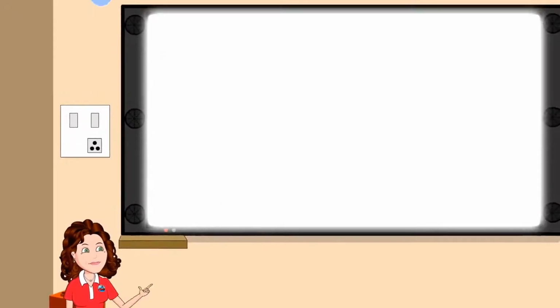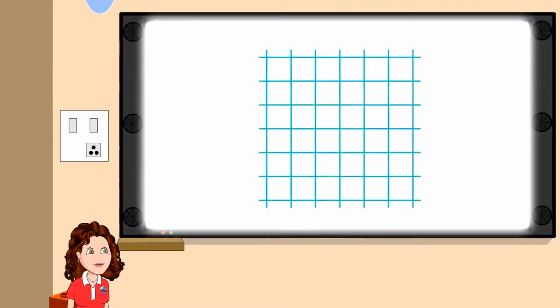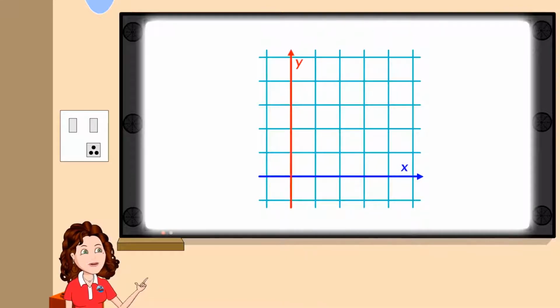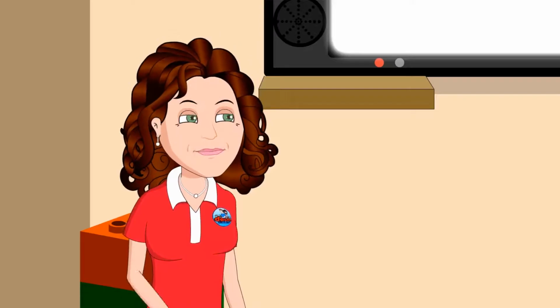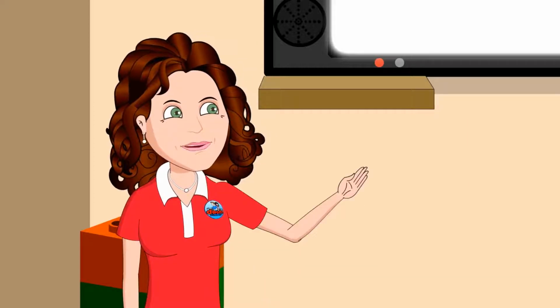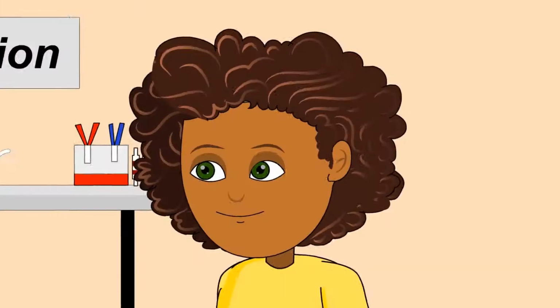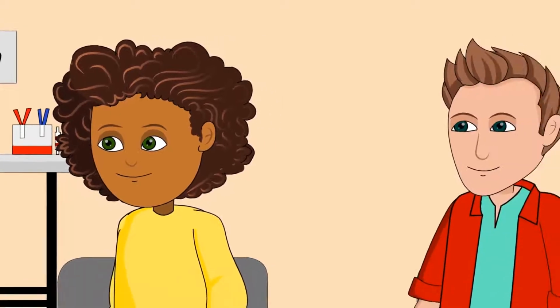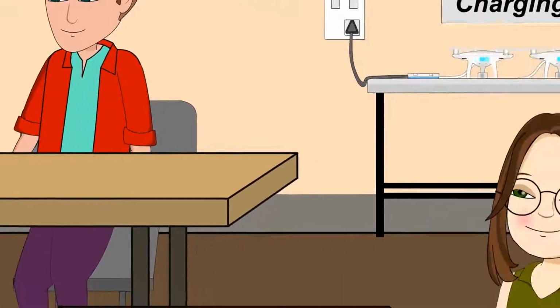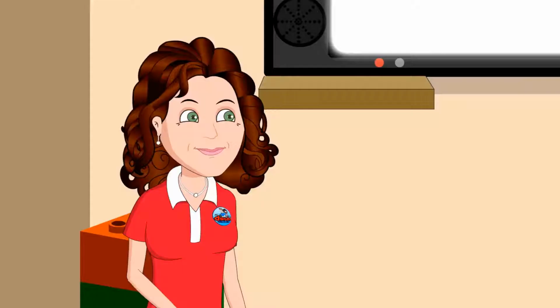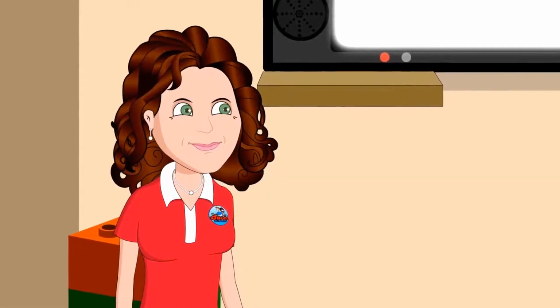If we plotted these two dimensions on a graph or a chart, we'd call them the x-axis and the y-axis. The X and Y axis describes a flat world. On TV or in a movie, everything is represented to us on a flat screen. Does this make sense so far?